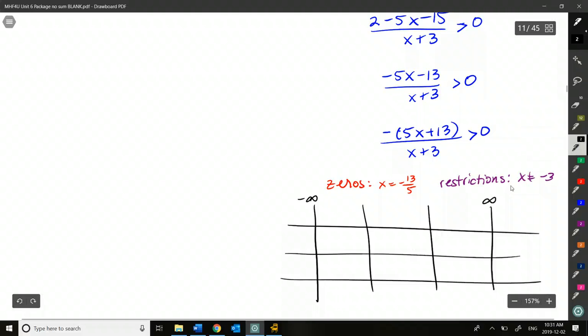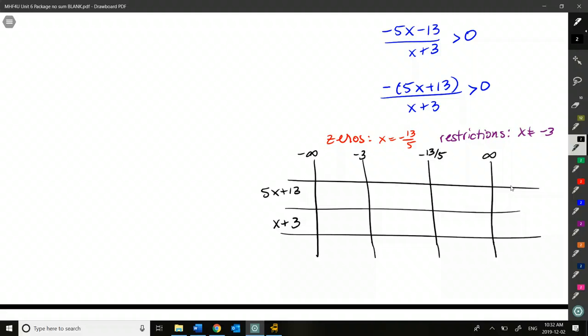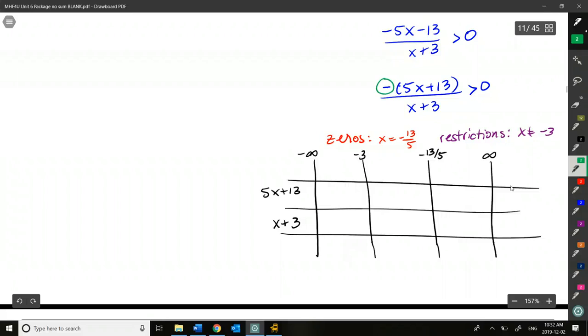So what I mean by that is I see a lot of times that people will set up their chart and they'll put 5x plus 13 and then x plus 3, but I'm missing part of my function that actually changes the entire sign of that particular section, and that's the negative.